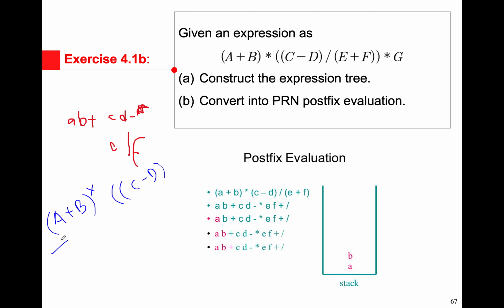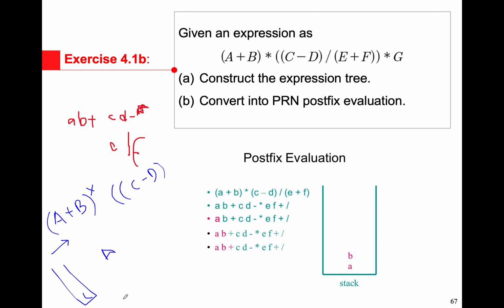So first of all, you have the bracket, but nothing will happen with the bracket over here, you can just store it, and you have the value of your a.